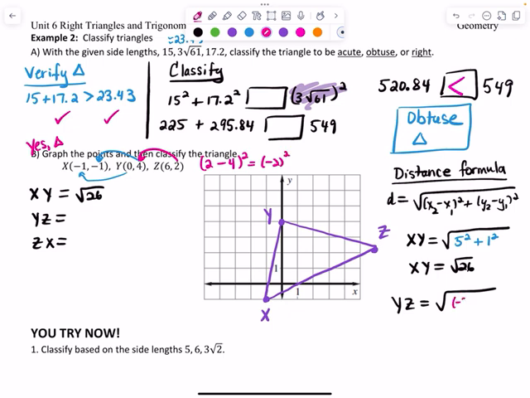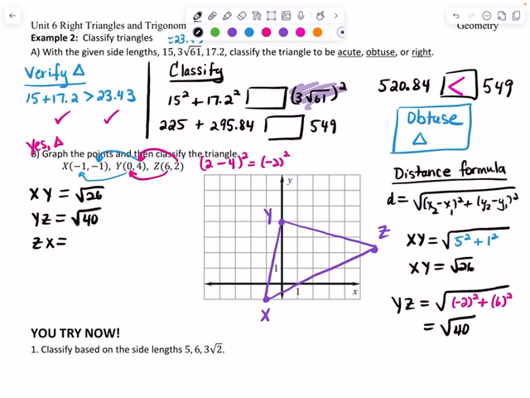Then I'm going to do the same thing with 6 minus 0. So this is 6 squared. This will give me the square root of 4 plus 36. So the square root of 40 is yz.